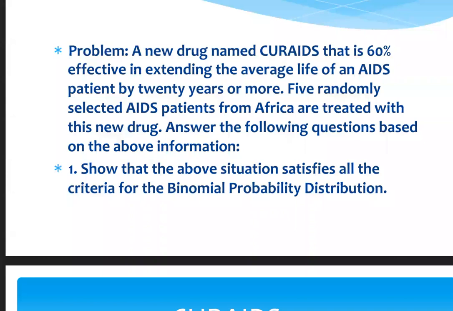So what do you got here? This is a scenario where we could use binomial distribution. A new drug named Curates, it's a new drug.